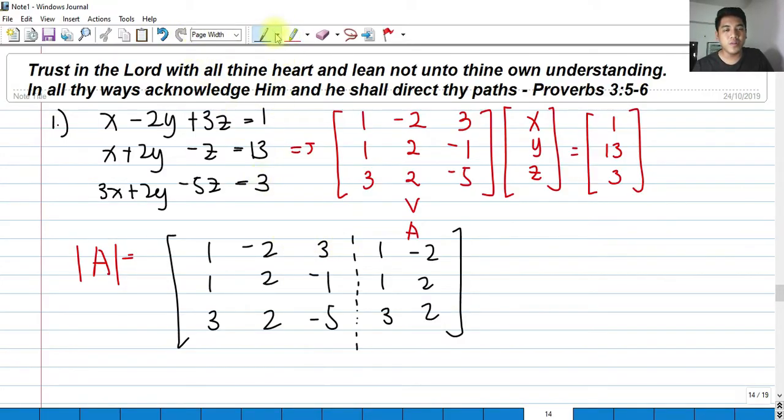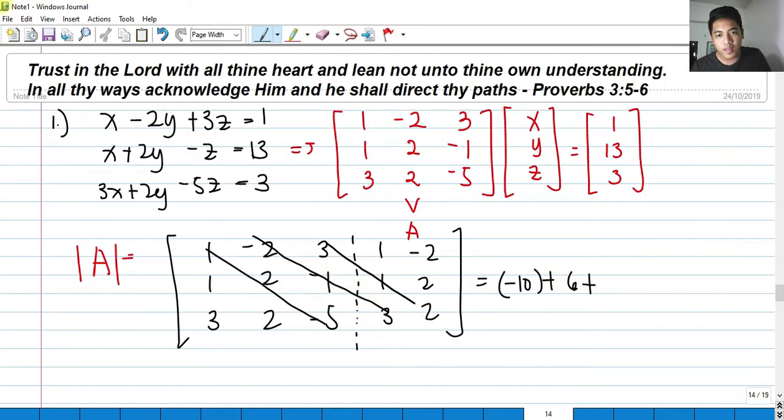So if we're going to solve for the determinant, we multiply along this diagonal and get their sum. Negative 5 times 2 is negative 10, times 1, negative 10, plus negative 2 times negative 1 is 2, times 3, that is plus 6, plus 3 times 1 times 2, that is plus 6, minus the other diagonal.